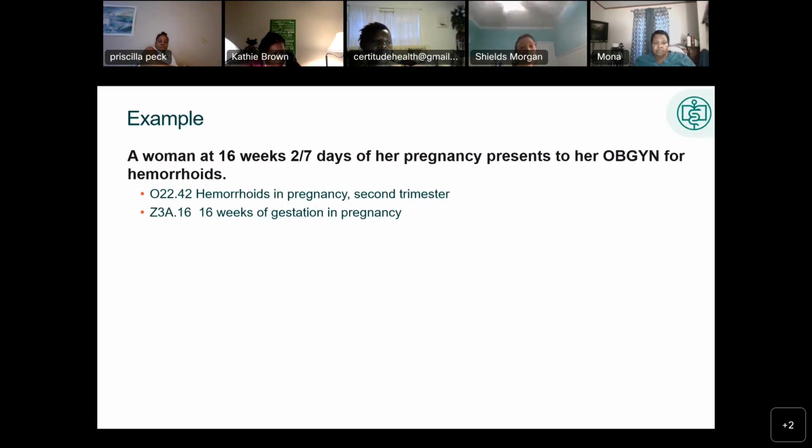And then because she's 16 weeks, you would report the Z3A.16. So they should come in a pair. The first code will tell the condition, but the second code will tell what the trimester is. You certainly can have multiple complications, which would mean multiple codes, but for now, keeping it simple.